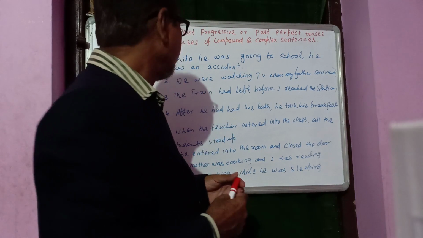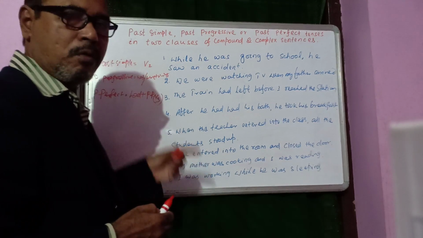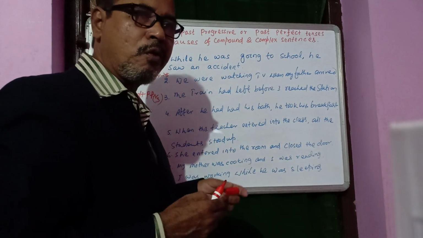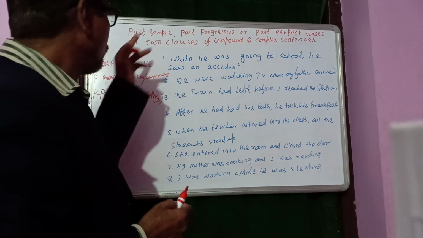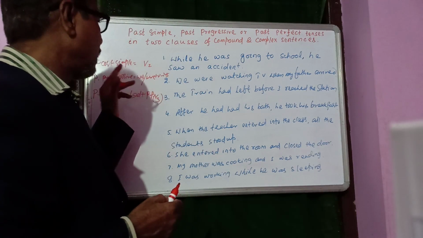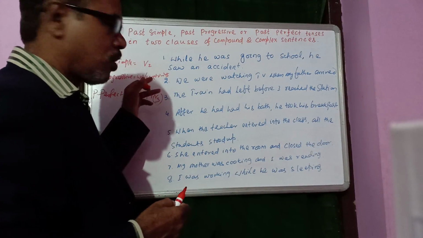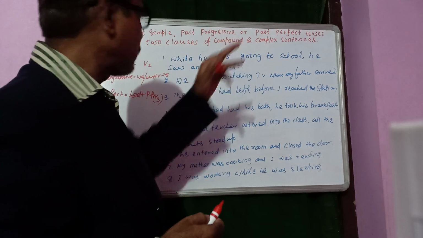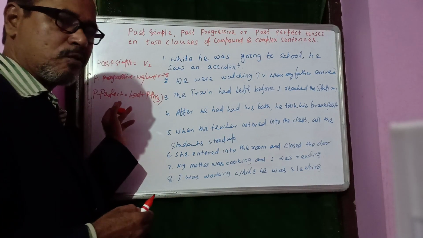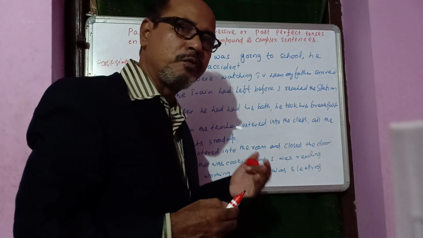In past simple, we can use the second form of the verb, that is the past form of the verb. In past progressive, we can use was or were plus verb ing. Then in past perfect tense, we can use had plus PP form or third form of the verb.